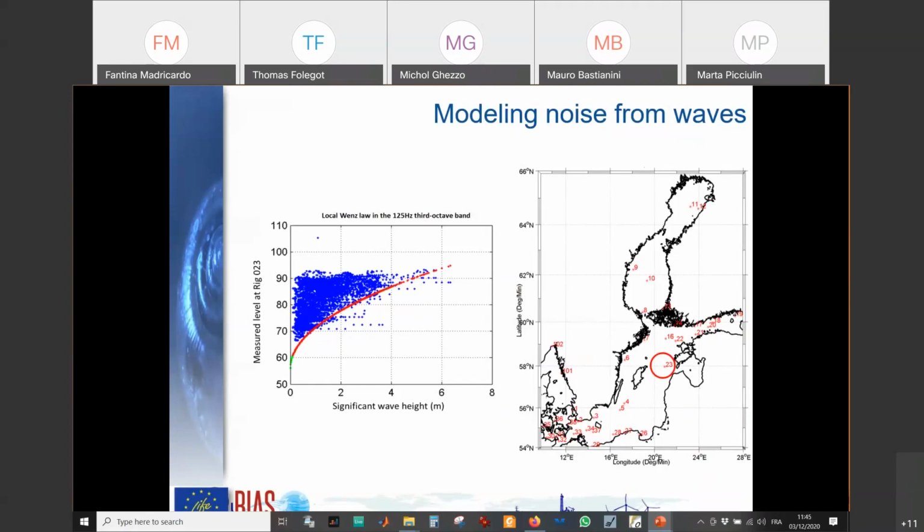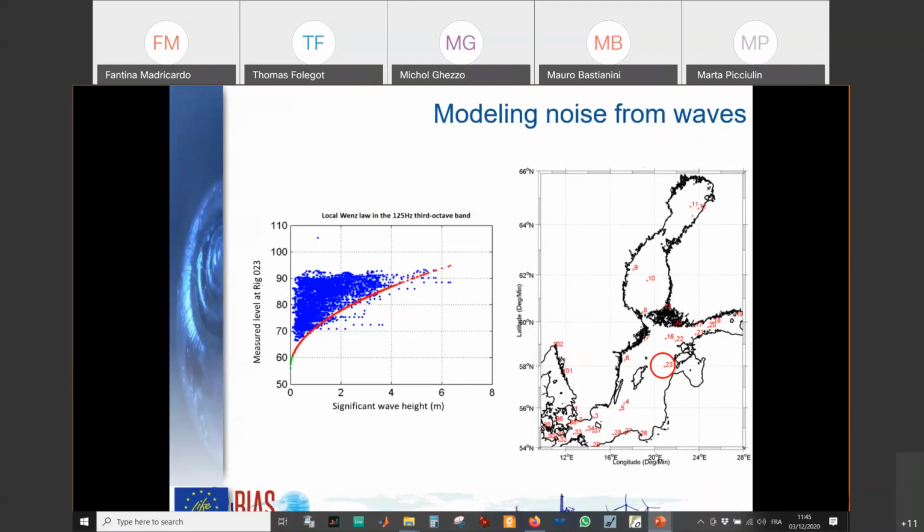You may not have correlation for all the frequencies, because the wind noise is more in the lower frequencies, from tens of hertz, maybe 100 hertz to 1 kilohertz, maybe 2 kilohertz.